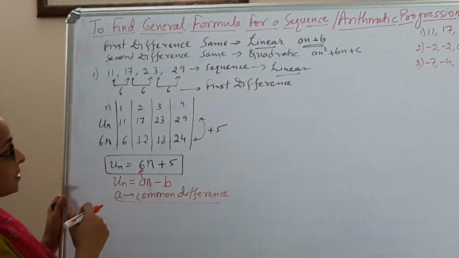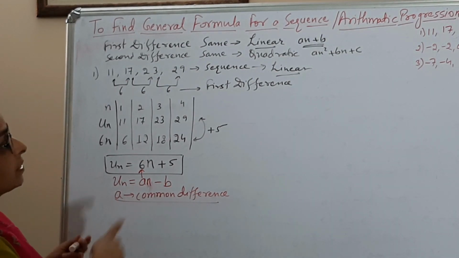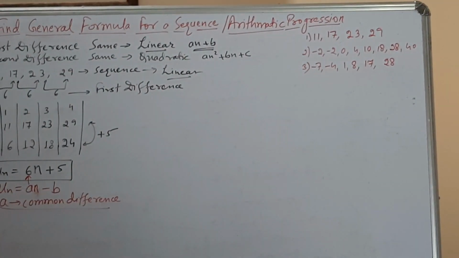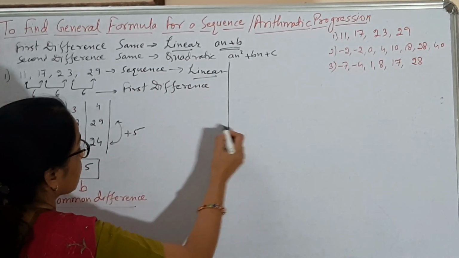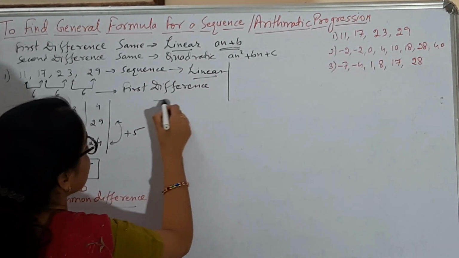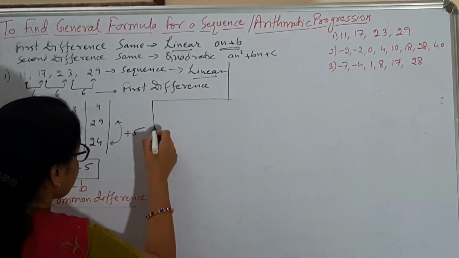So now let's move to our next sequence. I will write it here. I will need some more space, so I am making a partition this way.